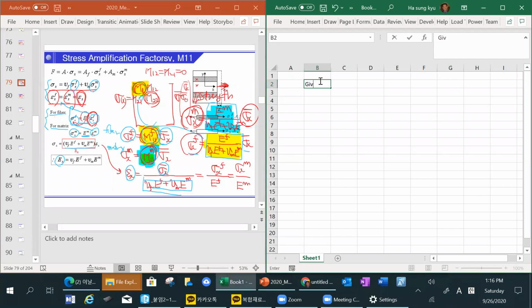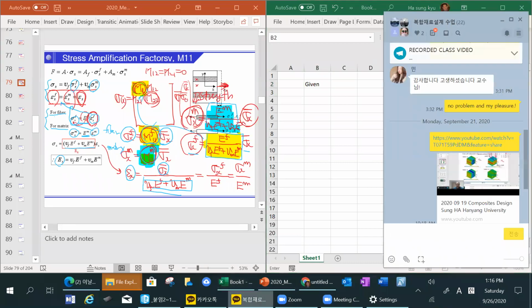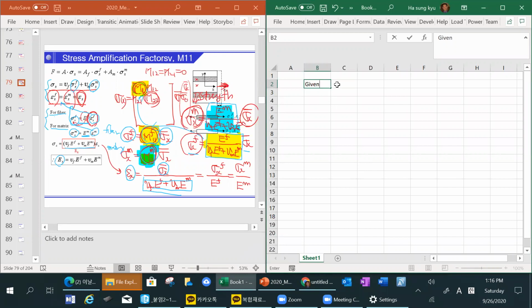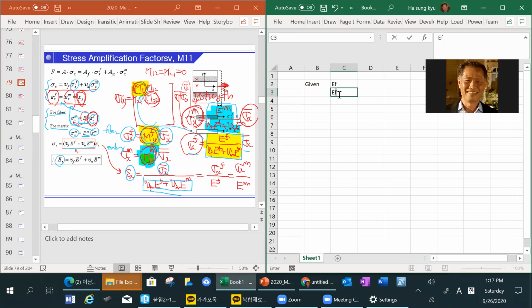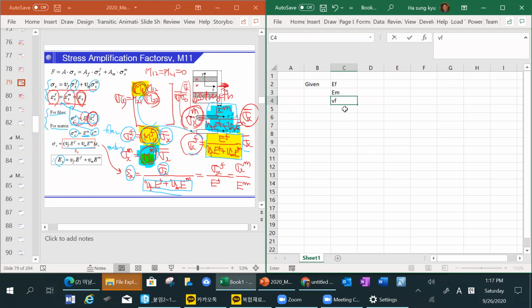The given properties are the fiber and matrix stiffness. There is only one-dimensional quantification for fiber and matrix, so we just have EF and EM, and the fiber volume fraction, let's call it VF. These are the major given factors in micromechanics.